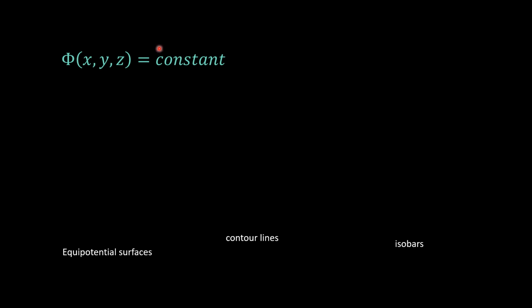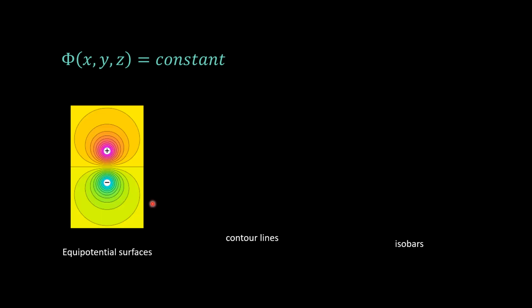If you have a line or a surface where the scalar value is constant throughout that surface or line, it is called a level surface.